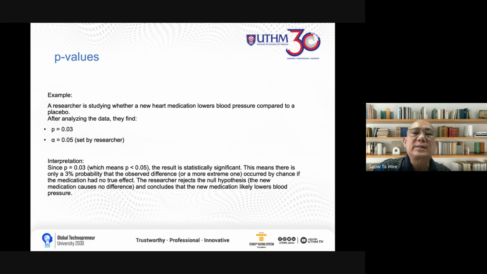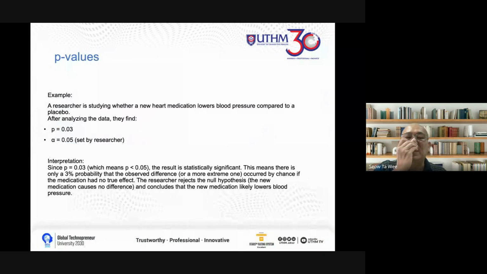A researcher is studying whether a new heart medication lowers blood pressure compared to a placebo. After analyzing the data, they find that p is 0.03 and alpha is 0.05, set by the researcher. Since p is 0.03, which is less than 0.05, the result is statistically significant.